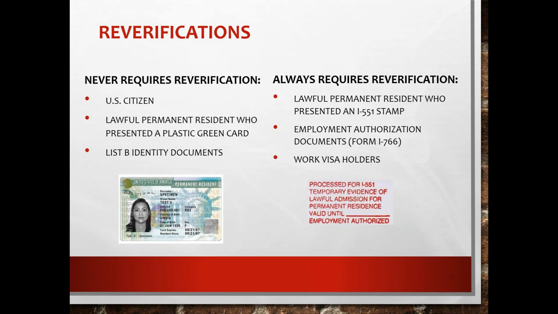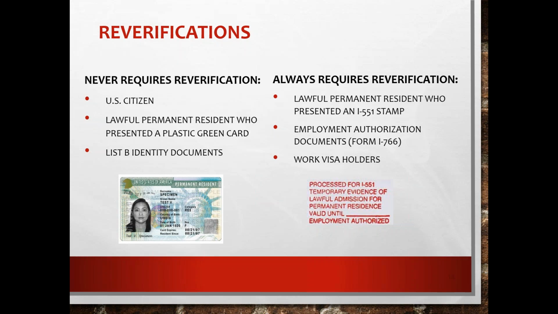Now, just to make it a little more complex, there's another type of evidence that you can accept for permanent residence, and that's that stamp that you see there on the bottom right. That's called an I-551 stamp. That's going to be stamped into a person's passport, and along with the photo ID in that passport, that's absolutely an acceptable I-9 document. That kind of status is usually issued for a year.